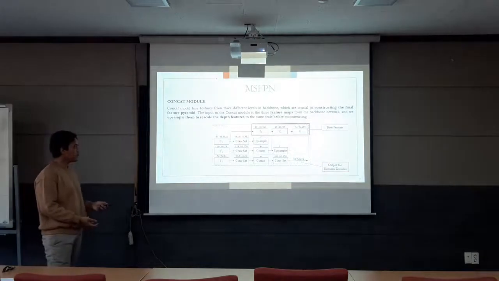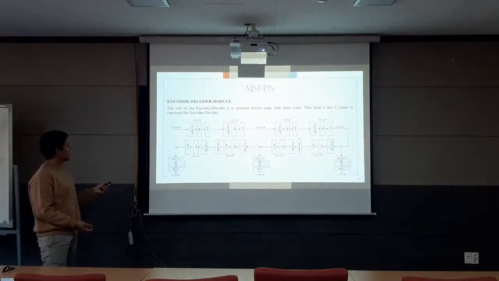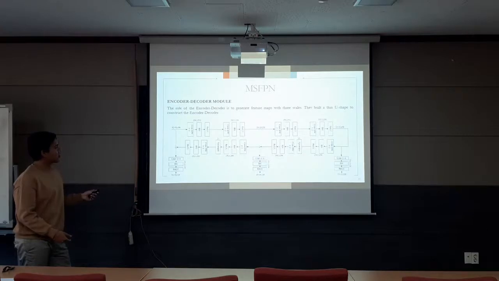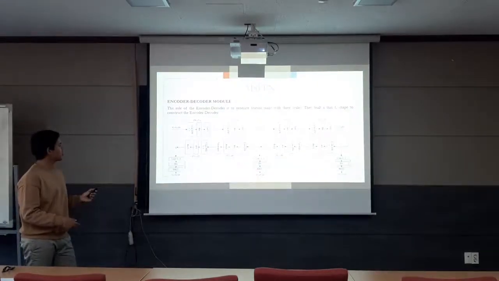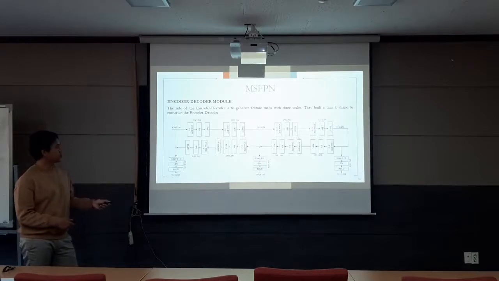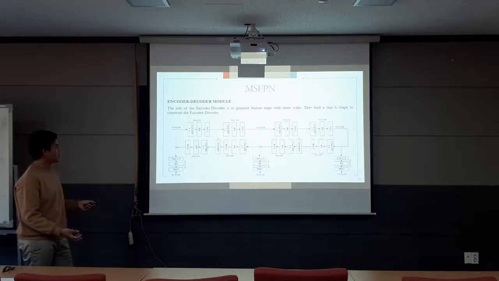In the encoder and decoder module, based on the result from the previous one, the encoder and decoder will generate feature maps at three scales. They build a thin U shape to construct the encoder decoder. Based on the input from the concat module, it goes through the U-shaped encoder decoder module and generates three feature maps.